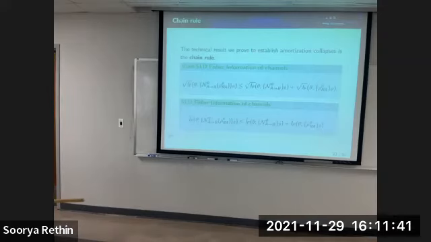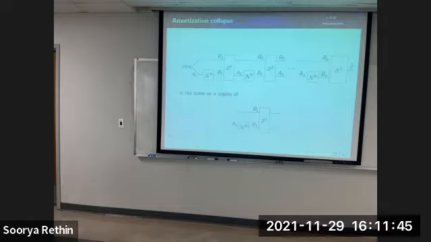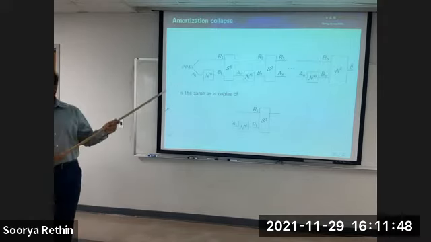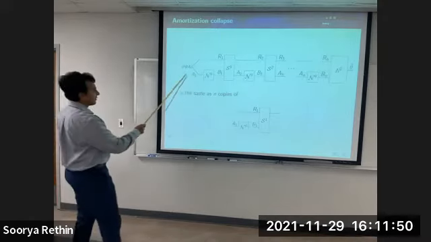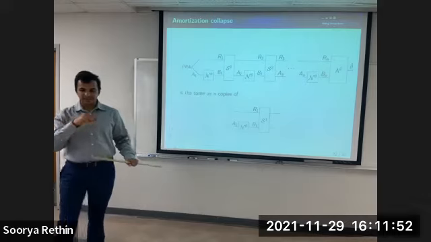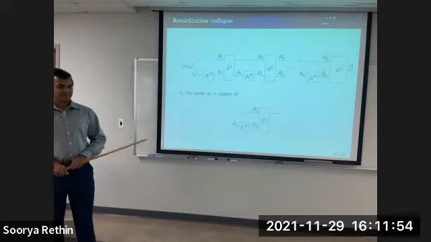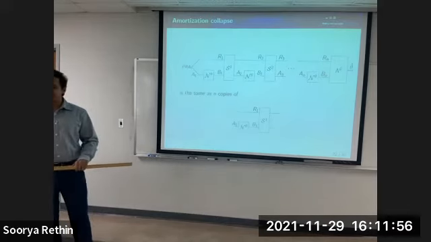Why do you call it a chain rule? I think it's called a chain rule. I can just invoke this in the sense that if a chain rule holds, this entire thing simplifies.